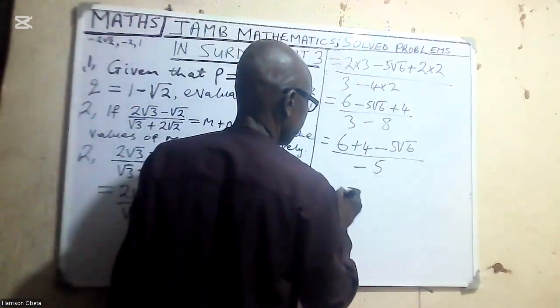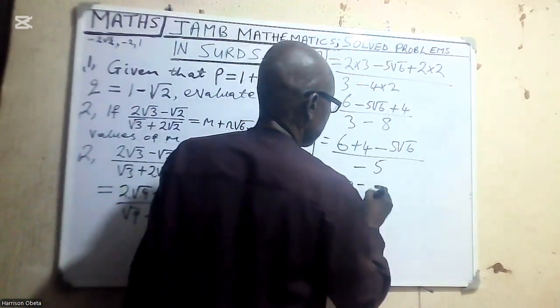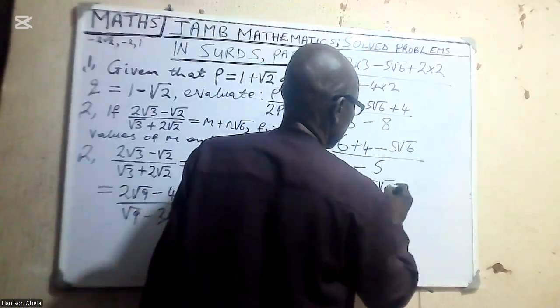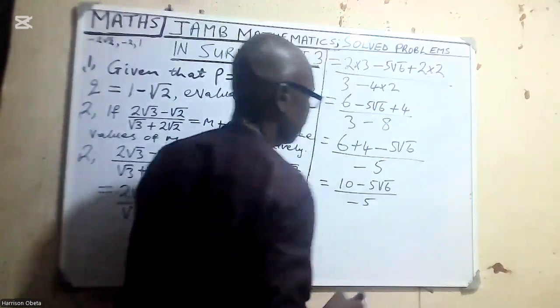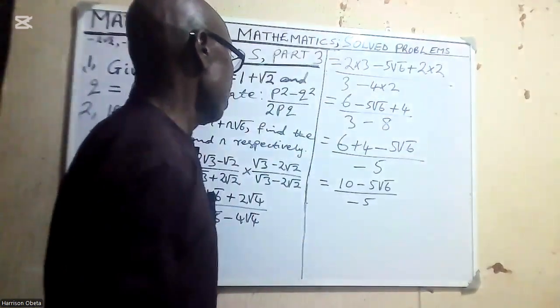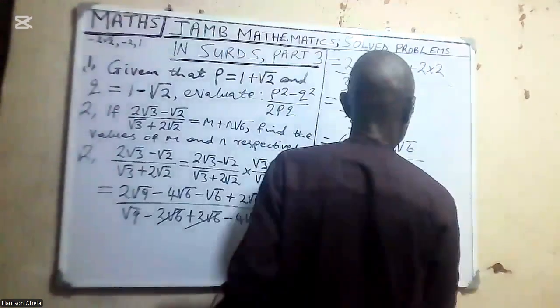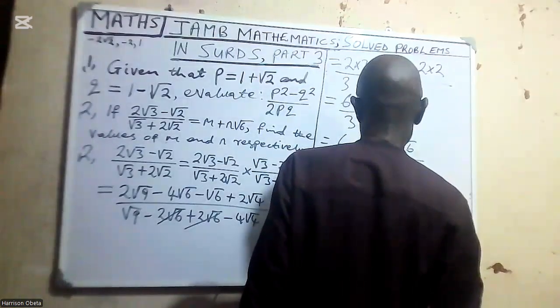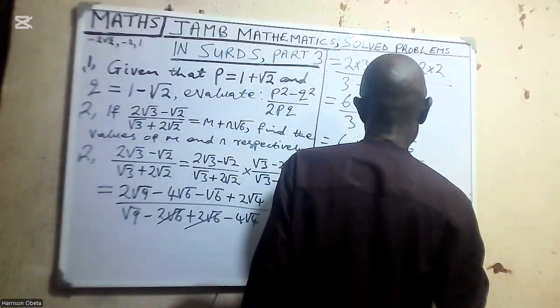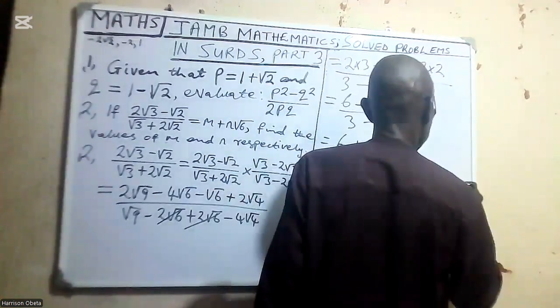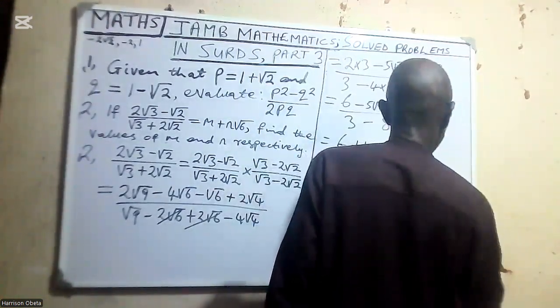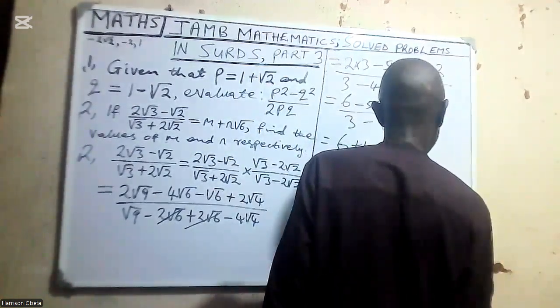So that will now give us 10 minus 5 root 6 all over minus 5. And we can factor out 5. That is 5 brackets 2 minus root 6 all over minus 5.